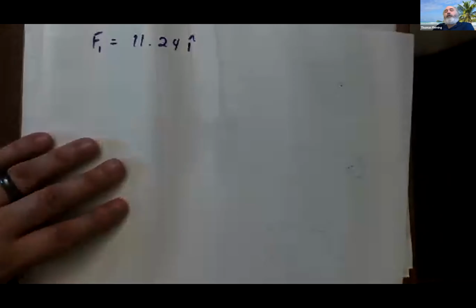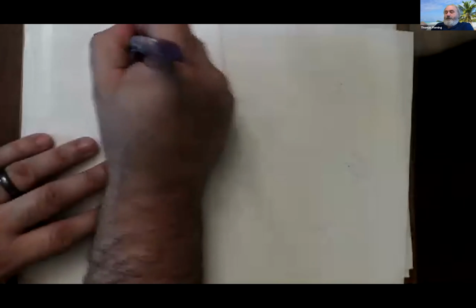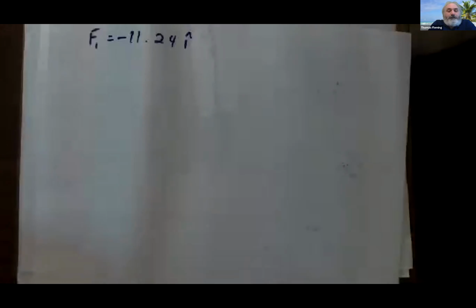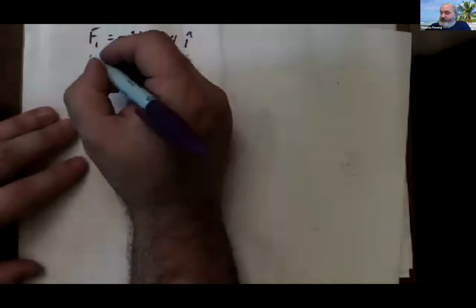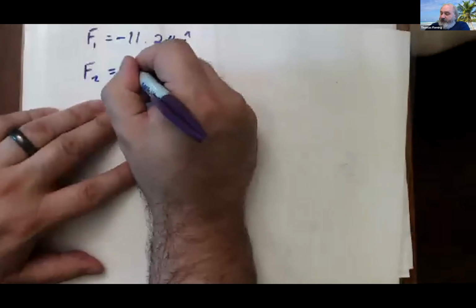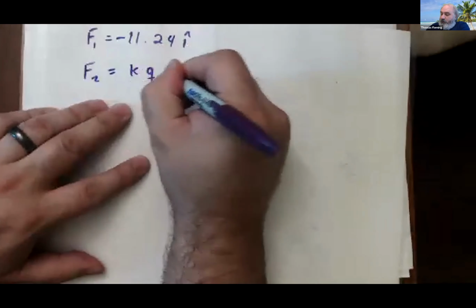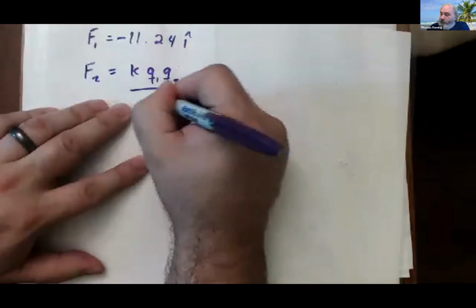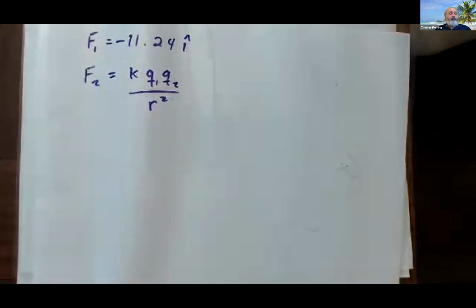However, because it's to the left, slapping a minus sign on it. You with me? Yes. Awesome. So we've got F1. F2 is trickier. And F2 we're going to have to do a little thinking. So F2 we're going to get by doing K, Q1, Q2 over R squared.